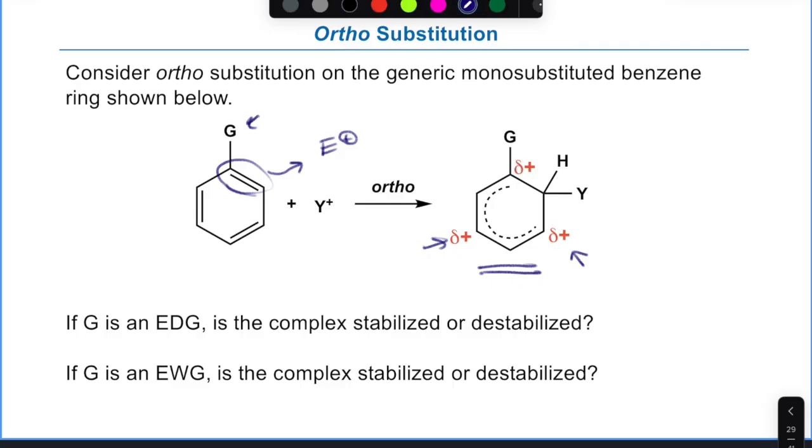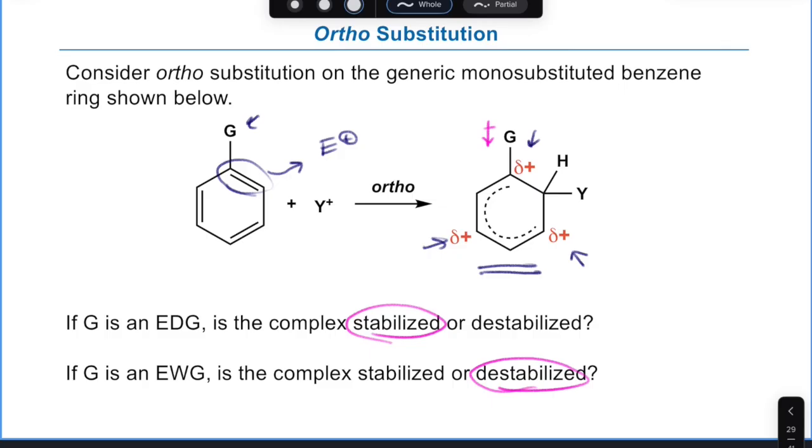So does anyone want to tell me, if G, this substituent, is electron donating, is the complex stabilized or destabilized? Stabilized. Yeah, the complex is stabilized because if you have a donating group and it wants to give its electrons to the ring, it's going to be stabilized. If it's electron withdrawing, then it's going to be destabilized. That's also important to remember.